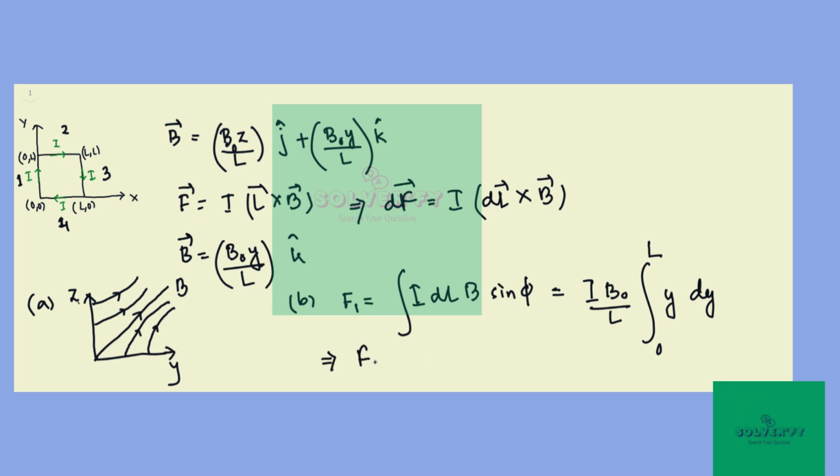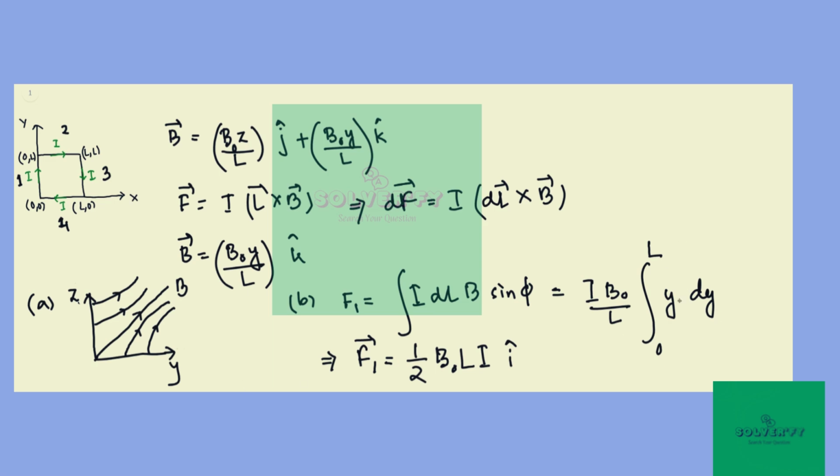First, let's find the force. F1 is equal to half times B naught over L times I, and we apply the right hand rule, so that gives the force towards the right, or towards the positive x-axis. So this is the force for the first segment.